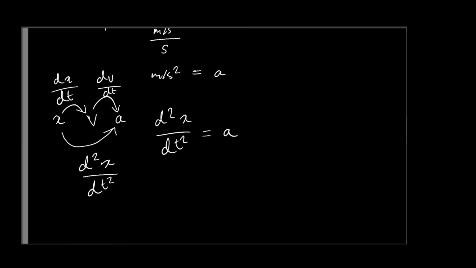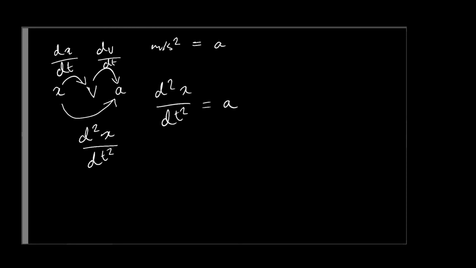Now, if you're to integrate this, and I don't want to try and explain integration quite yet, except it's just basically trying to guess what equation, in this case, if you're to take the double derivative of, would end up giving you a.